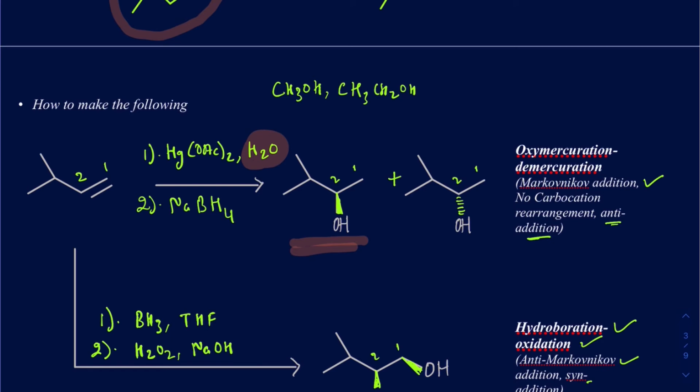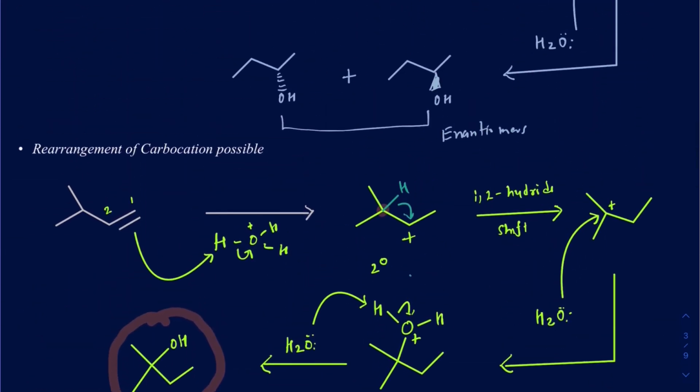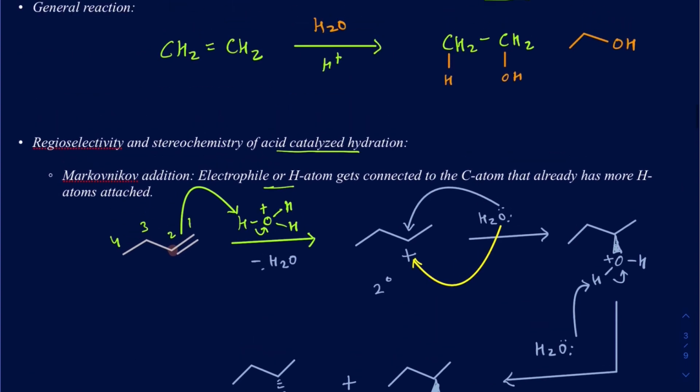I'm not going to show the mechanisms for those, because a lot of times you don't have to know them if you're taking sophomore organic chemistry. But obviously, some professors will require you to know the mechanisms of those reactions. So I'll have a separate video where I talk about the mechanisms of oxymercuration-demercuration and hydroboration-oxidation. But it's very common and important to know the mechanism of this simple acid-catalyzed hydration.